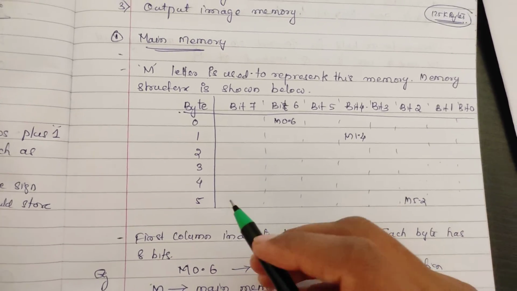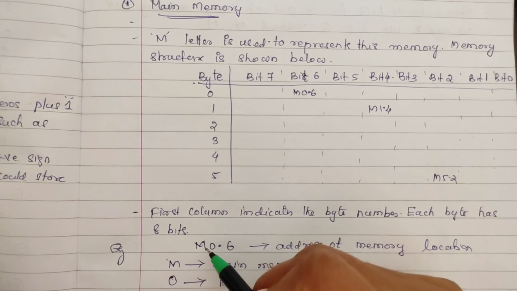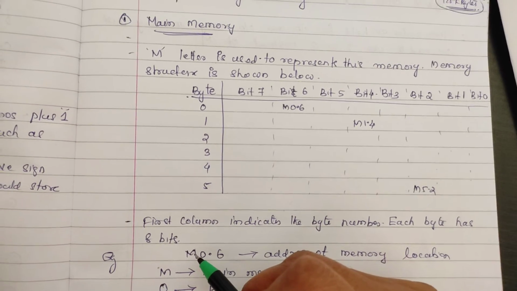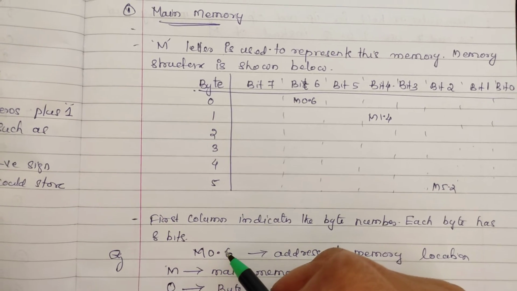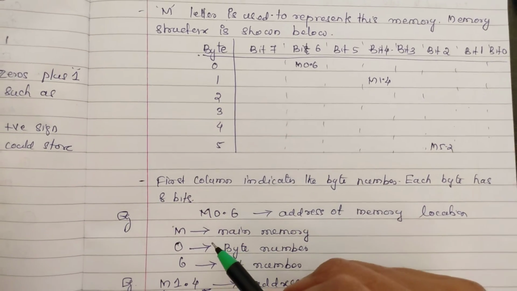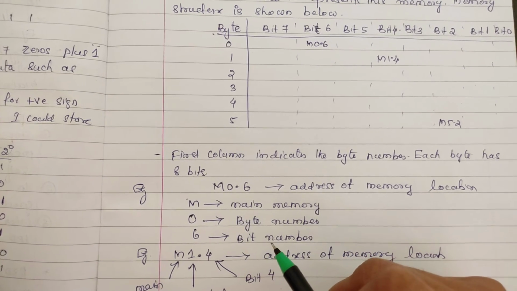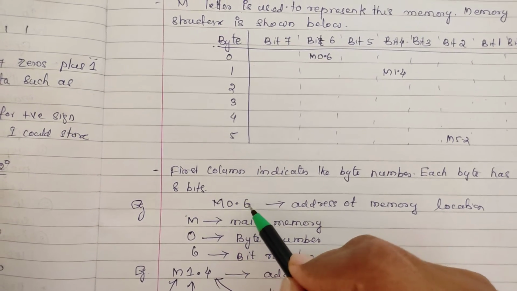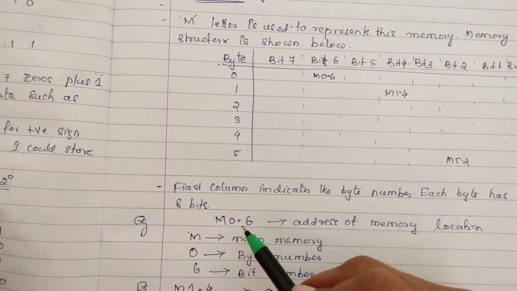Now if I use this format, for example M0.6, M indicates that it's main memory, 0 indicates the byte number, and the number after the dot indicates the bit number. So sixth is the bit number. This M0.6 is the address of a memory location, a bit address.